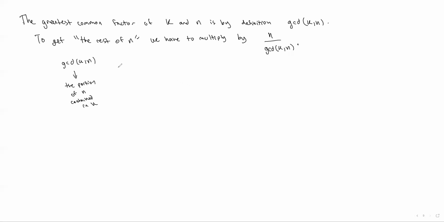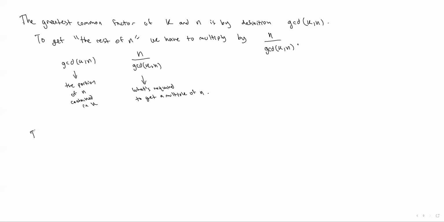So this is the portion of n contained in k, and n over GCD(k, n) is what's required to get a multiple of n. That's the part we have to actually cover.